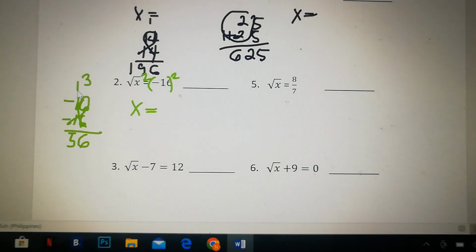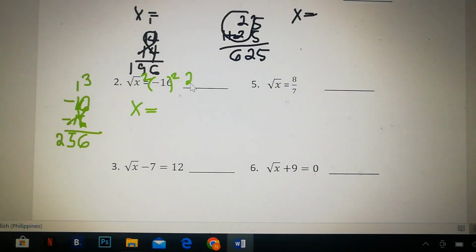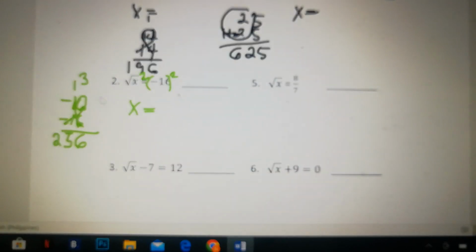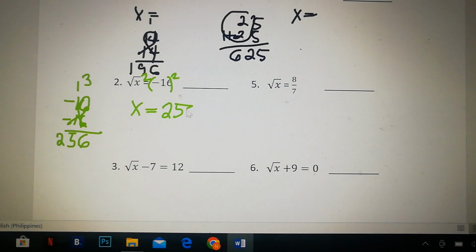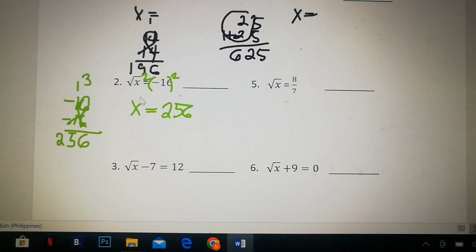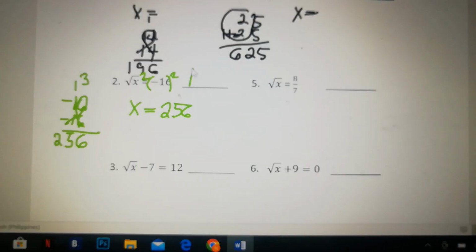Okay, carry 1. 1 times 1 is 1 plus 1, 2. So 256. Okay, so the value of x is 256. But as you notice, if you get the square root of 256, the result is positive 16, not equal to negative 16. So your answer here is NRS.